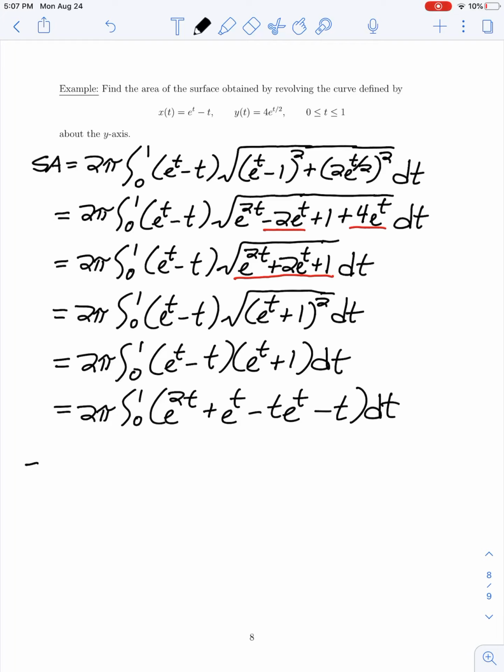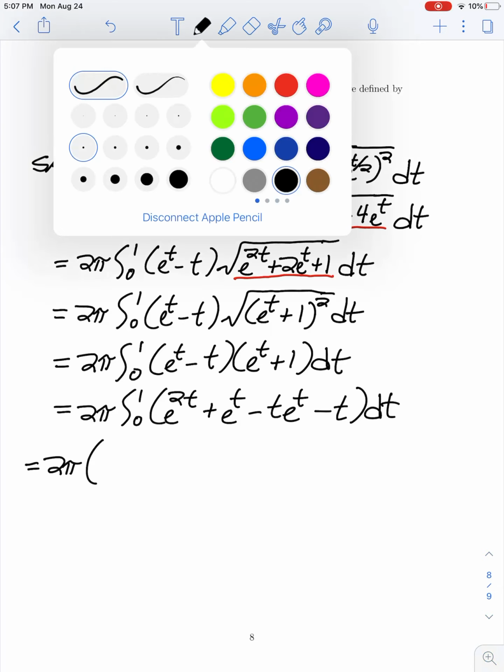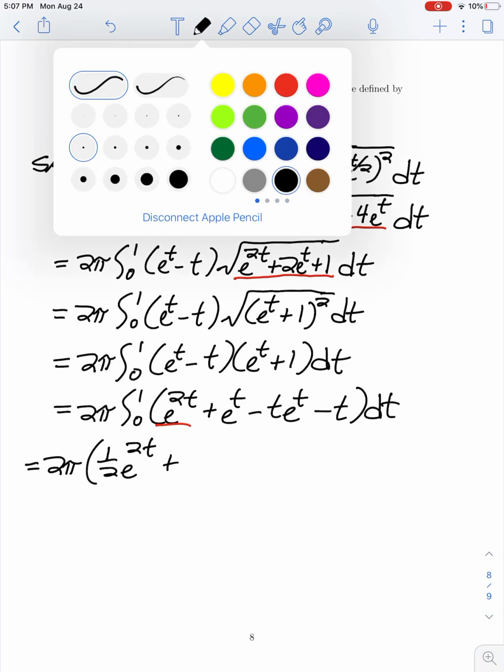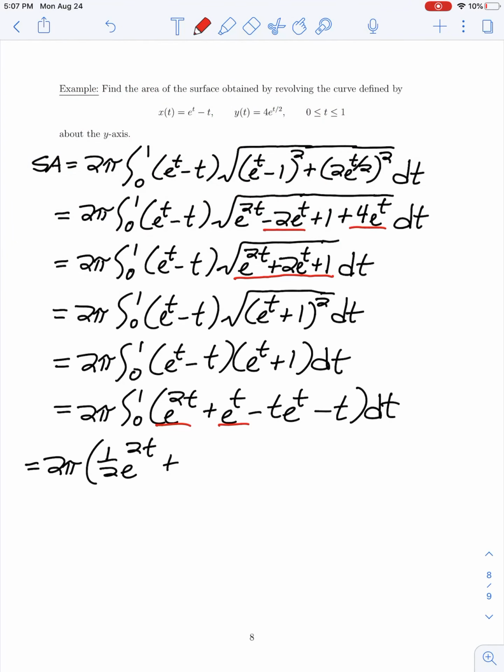All right. So finally, we're ready to try to find an antiderivative. We have 2 pi times, well, the antiderivative of our first term, e to the 2t, is 1/2 e to the 2t, plus the antiderivative of e to the t, which is e to the t, minus, now this third term is a little tricky.